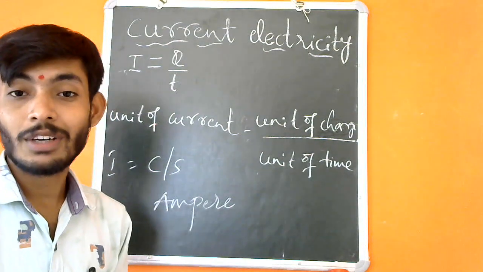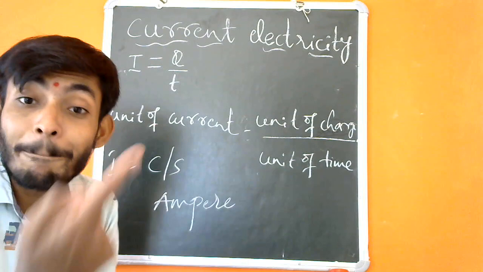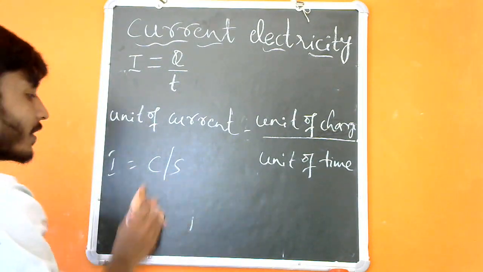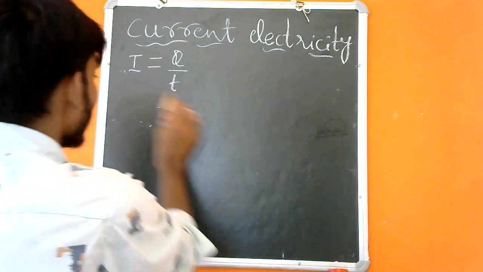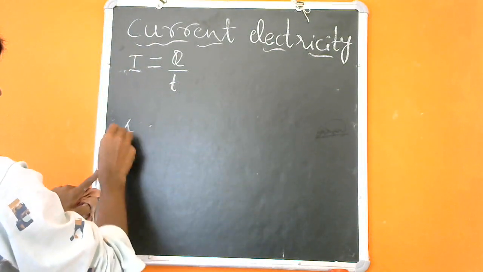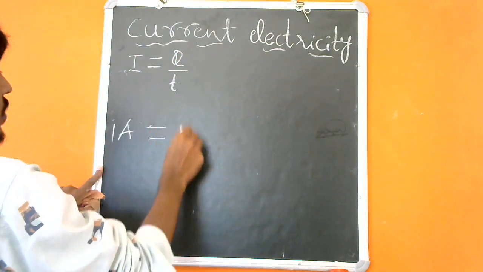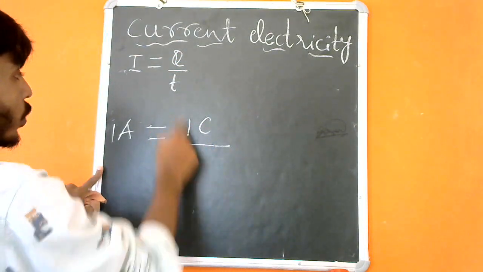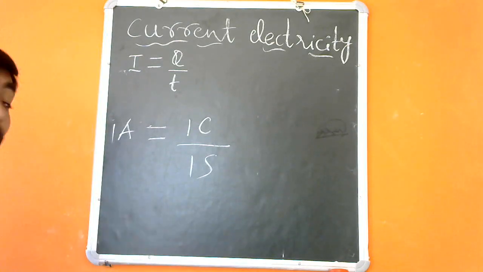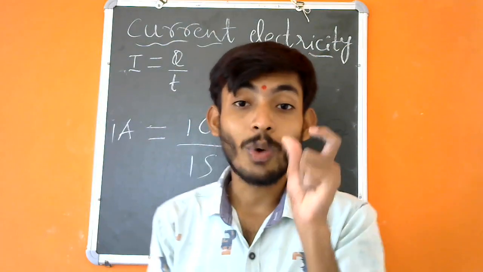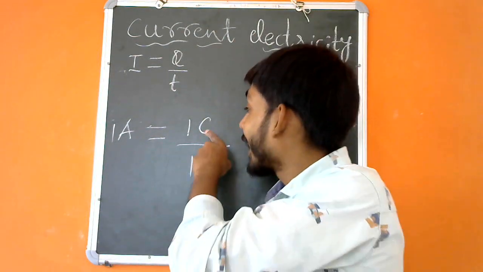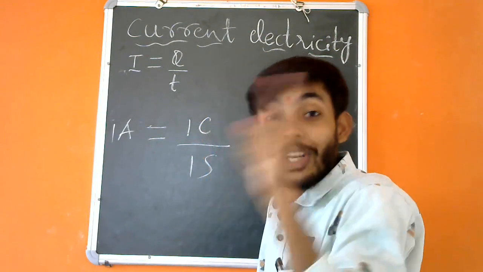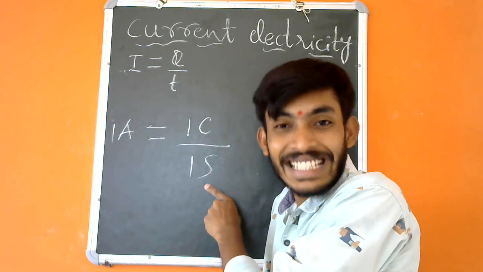So now we'll define what is the ampere. So now we have the SI units, correct? So the SI unit of current is ampere. 1 ampere is equal to, the SI unit of charge is coulomb, let's take 1 coulomb, and time is 1 second. Now we'll define 1 ampere.